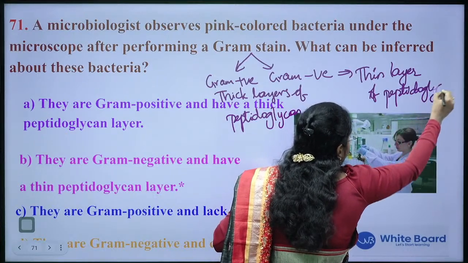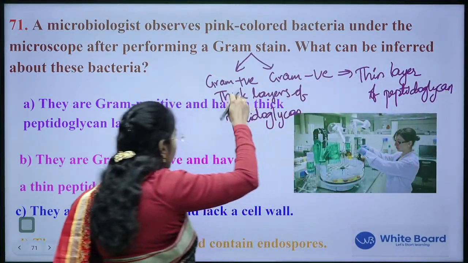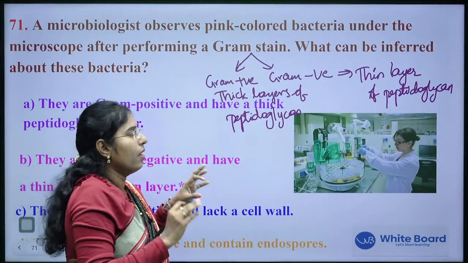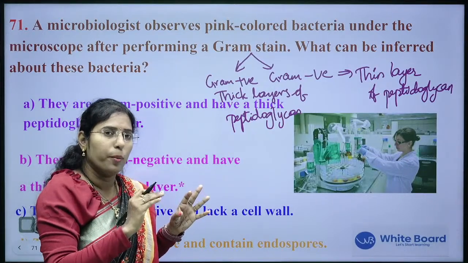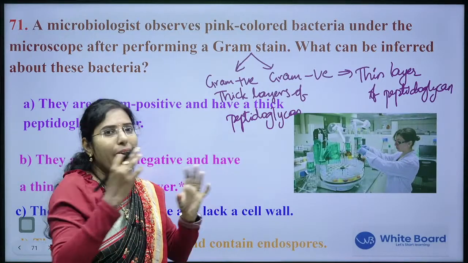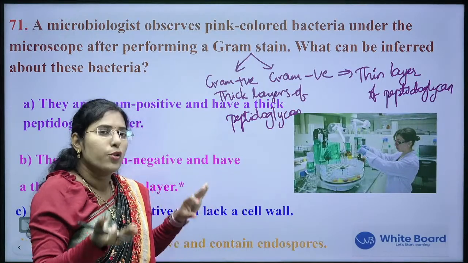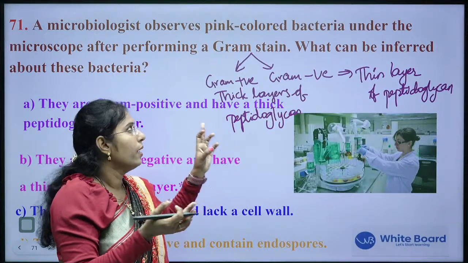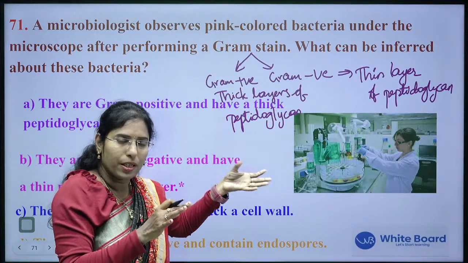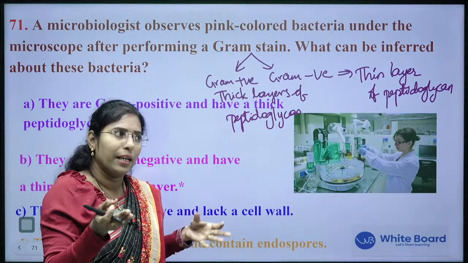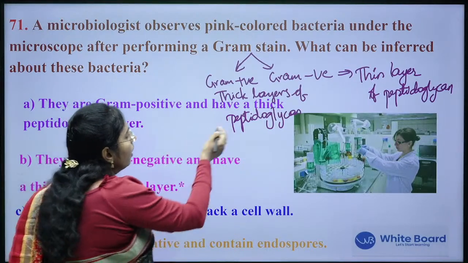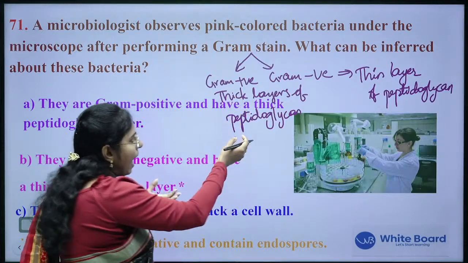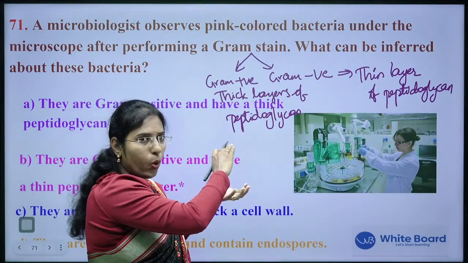Okay, done. So when you are staining these bacteria, you add the gram stain. In this you will be using two stains, a primary stain as well as a counter stain. Crystal violet is used as the primary stain, and the counter stain will be safranin or iodine. First we add crystal violet to the bacteria.